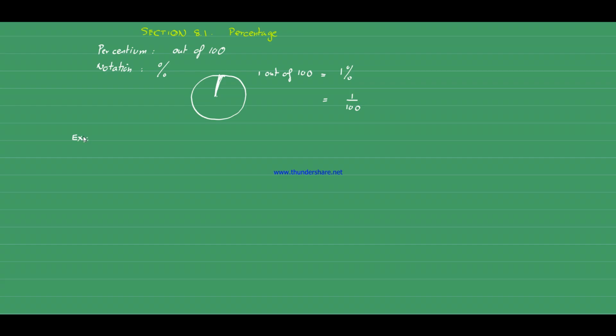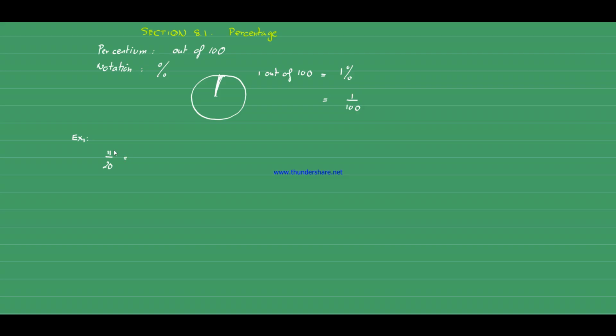We want to convert a fraction to a percentage. For example, let's pick an easy number. For example, you have 11 over 20, and you want to convert it to percent.